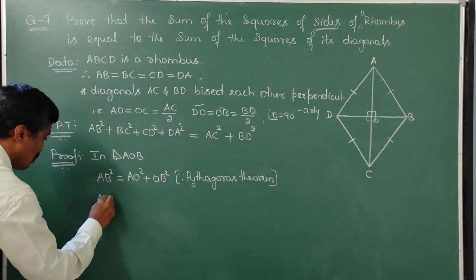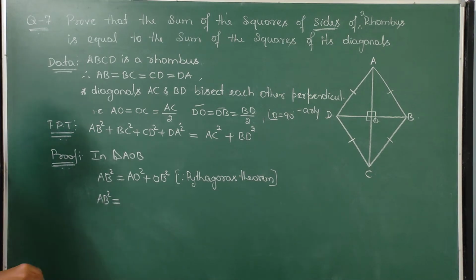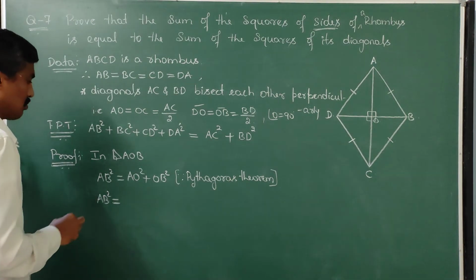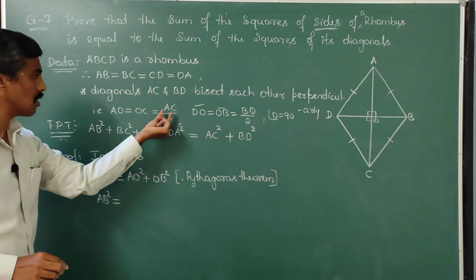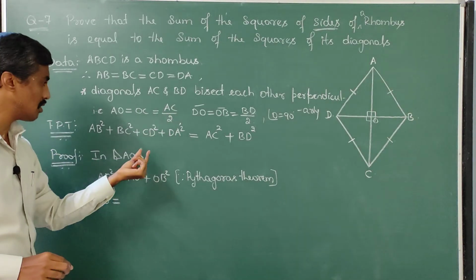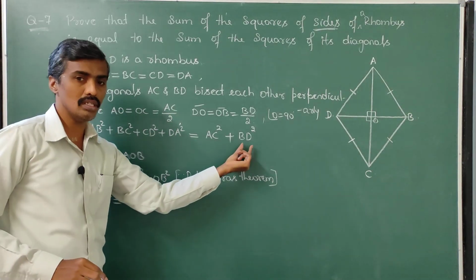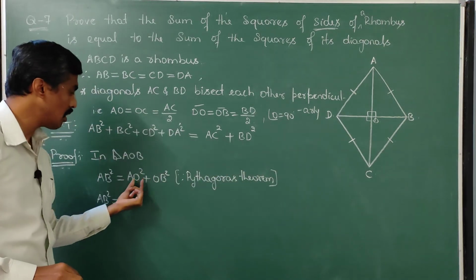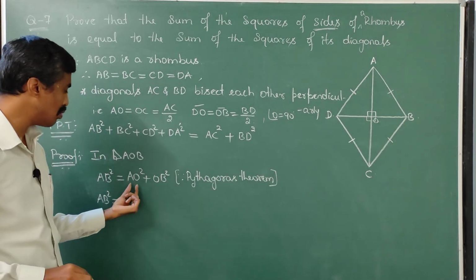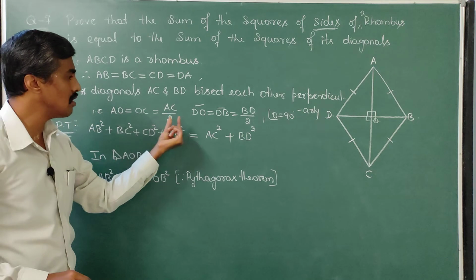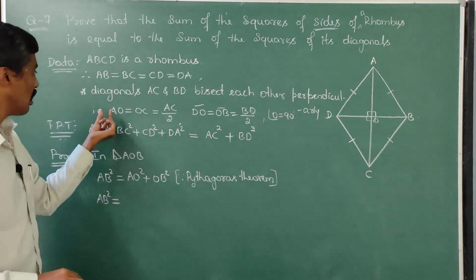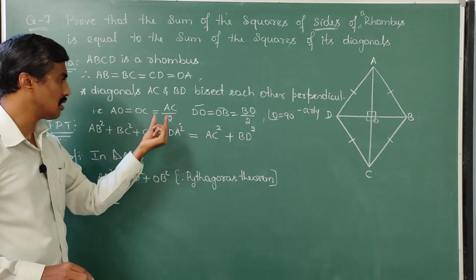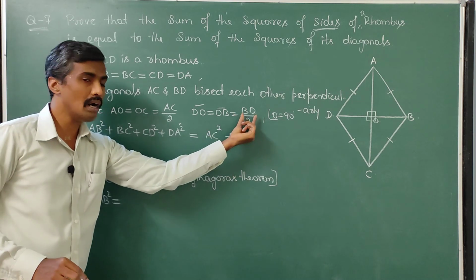AB square is equal to, we know the length of AO. AO length is equal to what? AC by 2, because we require the diagonals. So we don't want AO and OB; instead of AO and OB, write in terms of the diagonals. AO is equal to half of AC, and OB is equal to half of BD.